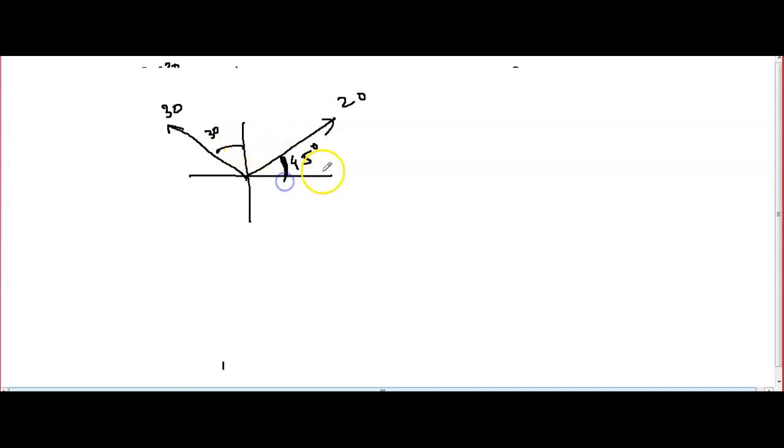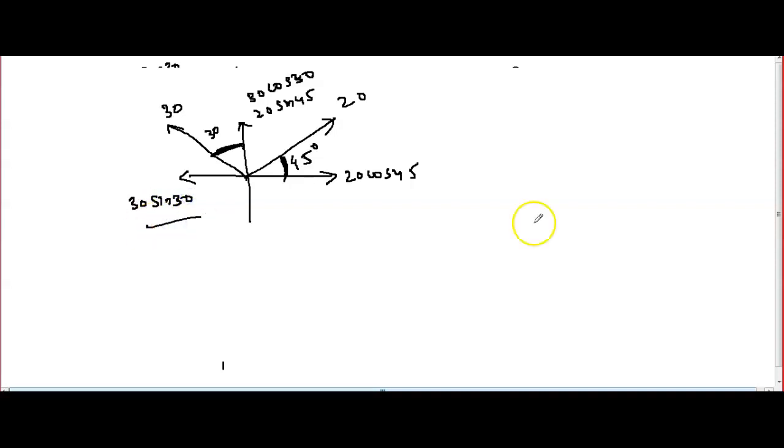This one is placed, so this will be 20 cos 45, this will be 20 sin 45. Then this one, 30, where is it placed on the y-axis, so this will be 30 cos 30, and this will be 30 sin 30. Getting here?